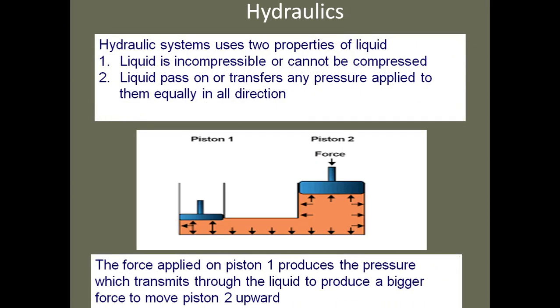Hydraulic systems use 2 properties of a liquid. One of the properties is that liquid is incompressible, or cannot be compressed. By hydraulic system, I mean hydraulic machine, anything that uses liquid to operate.